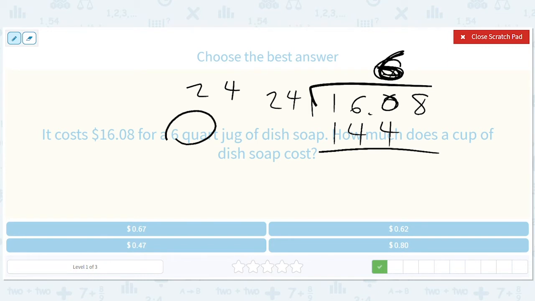Okay, and then I'll subtract 16 here. I'll get 168. And I will get 7. 28, 168. Okay. And I will move this over 2, and I'll get 67 cents.